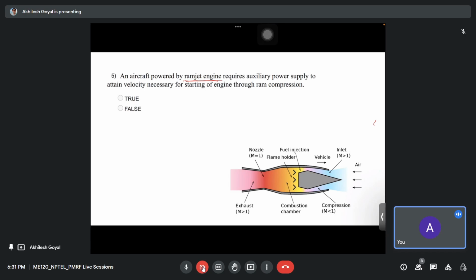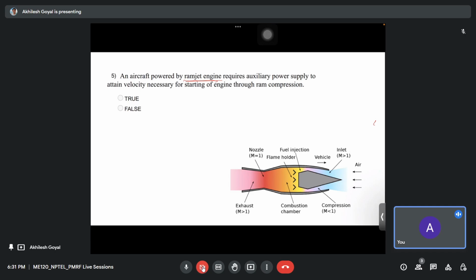Okay, so now the question here is: an aircraft powered by a ramjet engine requires auxiliary power supply to attain velocity necessary for starting of engine through ram compression. Now, a point to consider here is that for a ramjet engine to work properly, there should be a particular minimum speed of air fed into the ramjet engine.